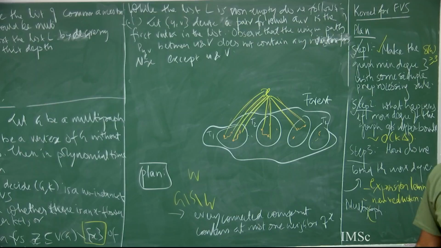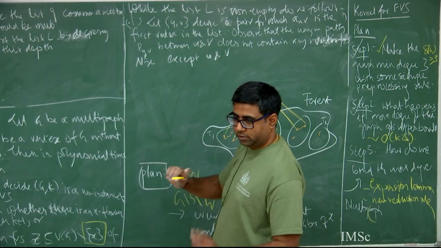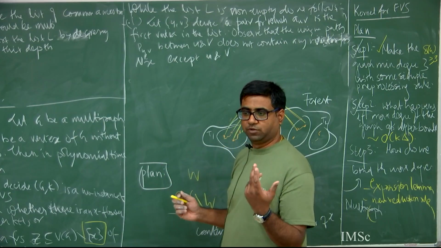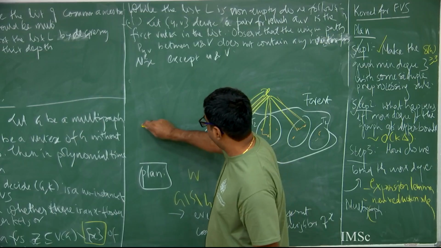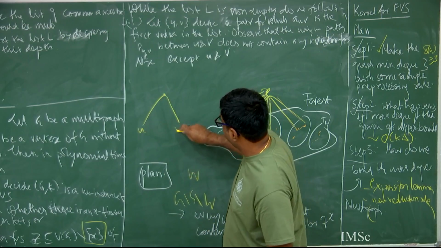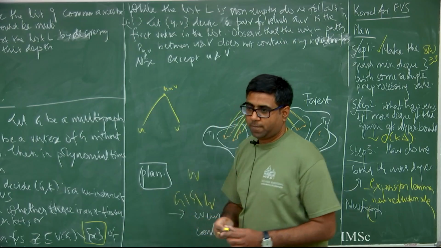You may ask why. Let's look at this path. There are two cases: either one of U and V is an ancestor of the other, or A_UV is something separate. For now, let's assume they are separate, meaning they are not on the same path. So here's U, here's V, there's A_UV.